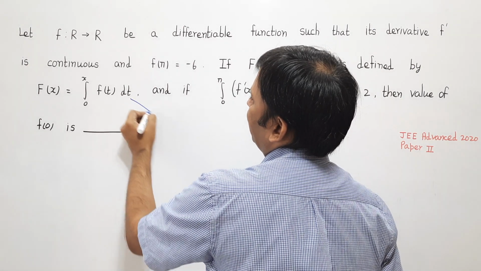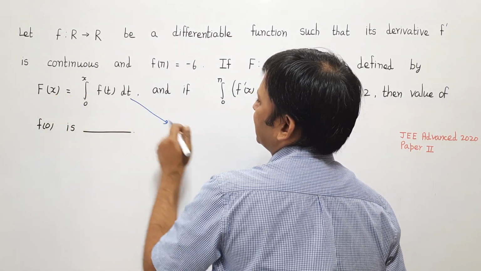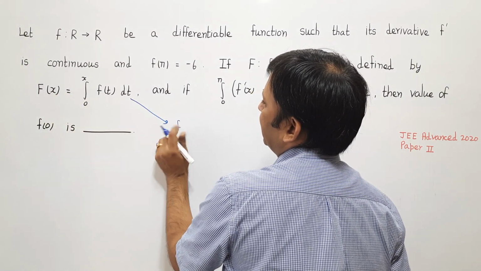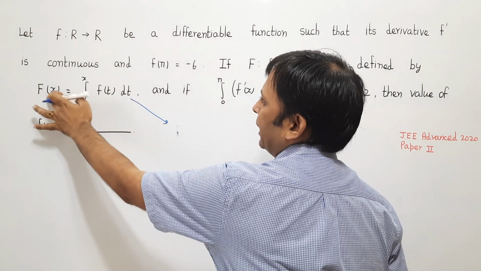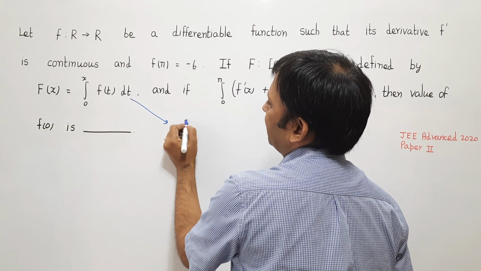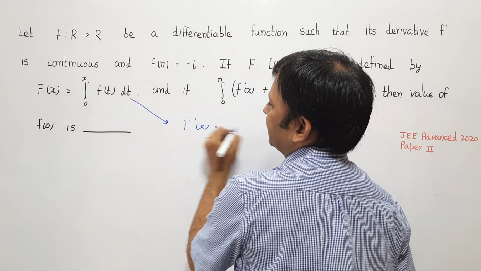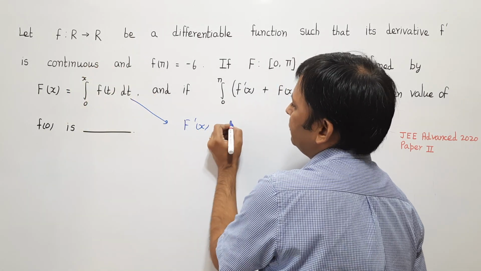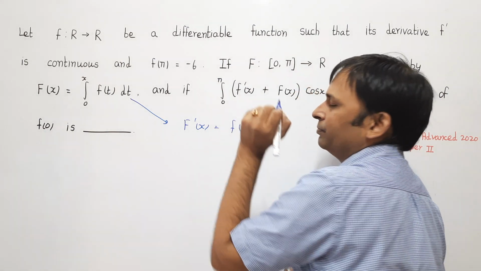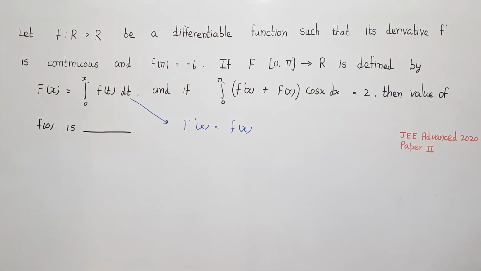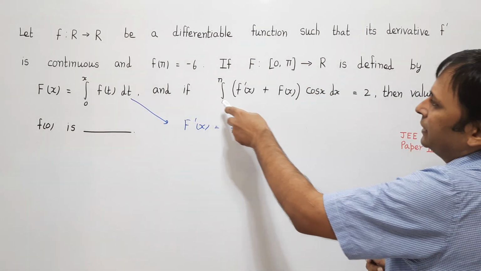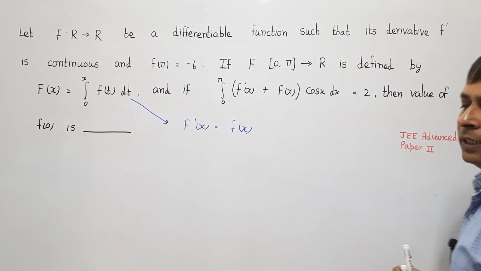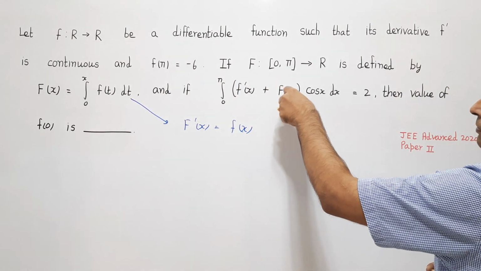So if I differentiate both sides, capital F dash x becomes equal to the derivative of this integral, which is small fx.